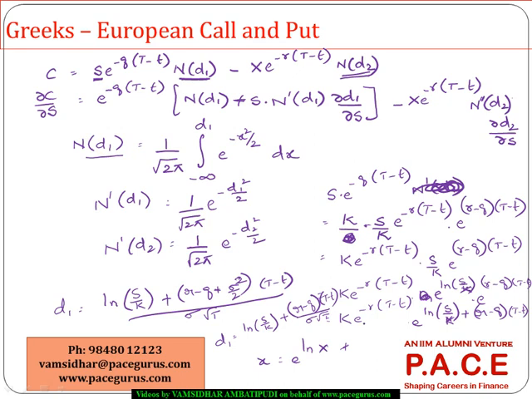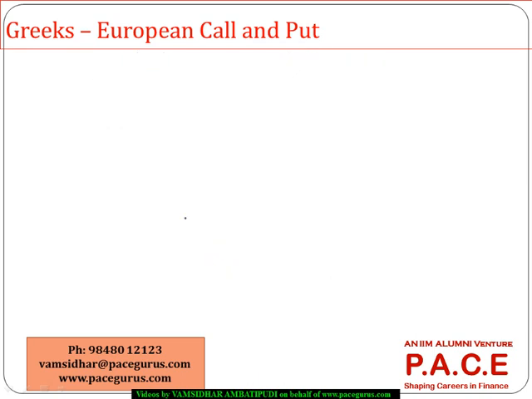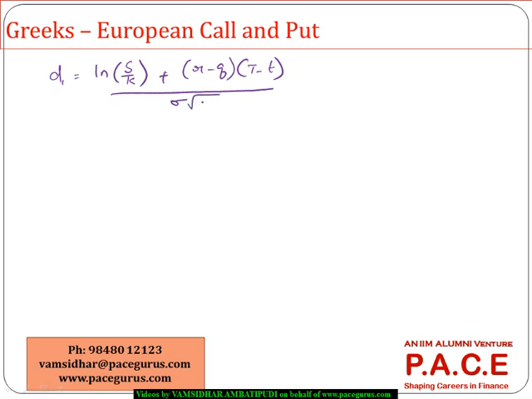Let me remember this step here: I'm using d1 is log S by K plus r minus q into T minus t by sigma root T minus t, and I'm segregating the other part, which will give me sigma root T minus t by 2. This is what is coming out as d1.